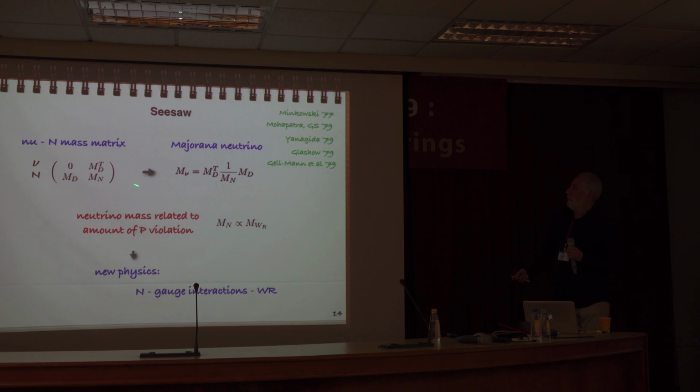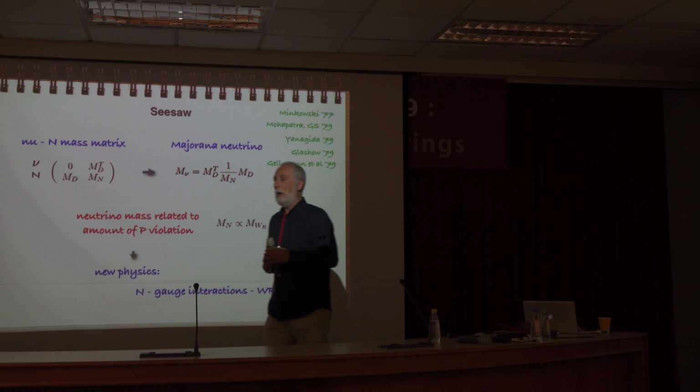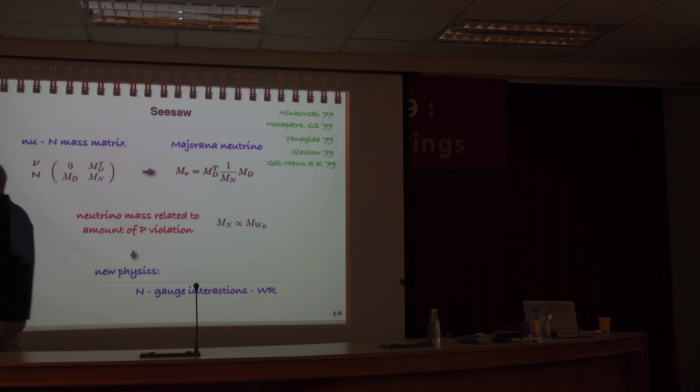And the answer, of course, is the seesaw mechanism, which is often a celebrated explanation of why the neutrino is light. To me, a little troubling, because we often say that the neutrino is light in the seesaw because this guy is heavy. But unless I show you how heavy it is, and how to find it, the mechanism of probing it, this was more semantics than actual explanation, because really, a light neutrino tells me that then it's heavy, not the other way around.